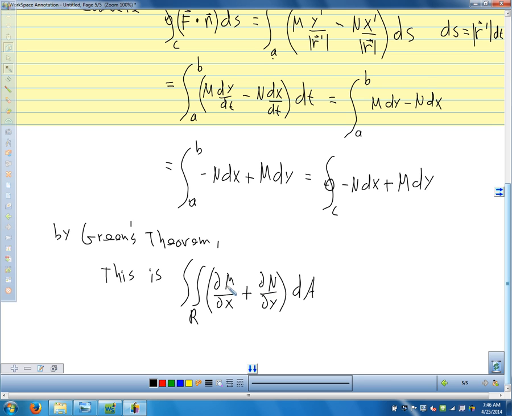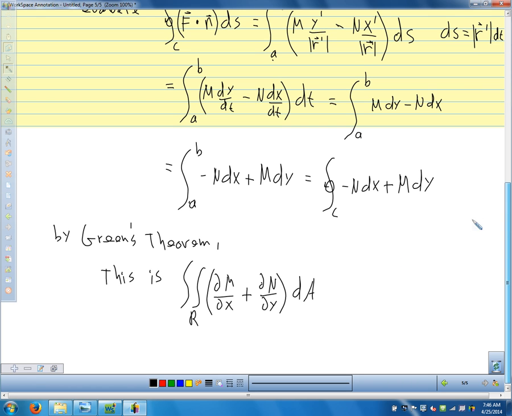How is this quantity, partial of m with respect to x plus the partial of n with respect to y, related to f? If f equals m i hat plus n j hat, this is the divergence of f.